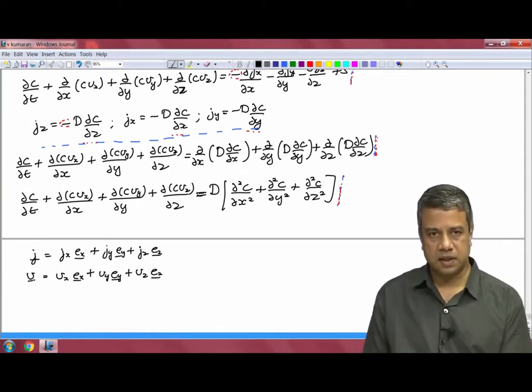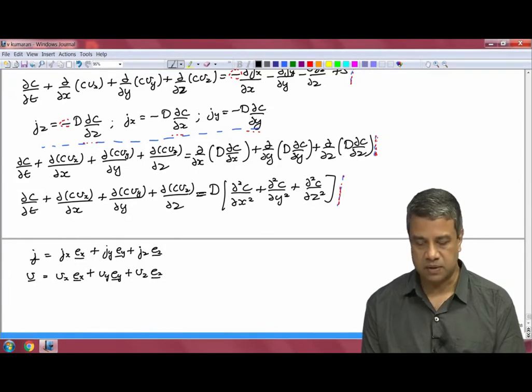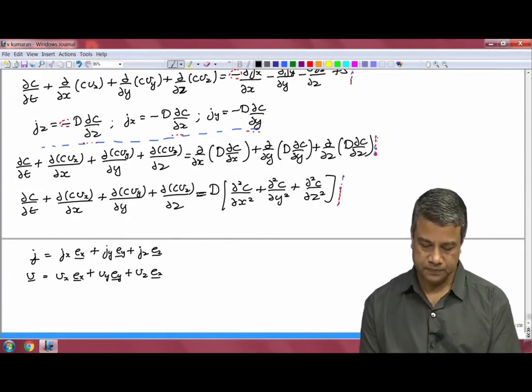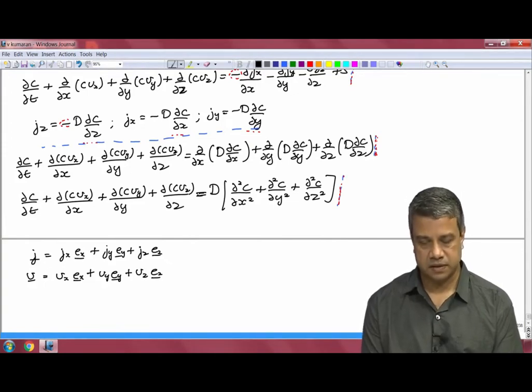Here I will use underlines for vectors. Usually the boldface is used in printed text to denote a vector. And Ex, Ey and Ez are the unit vectors.